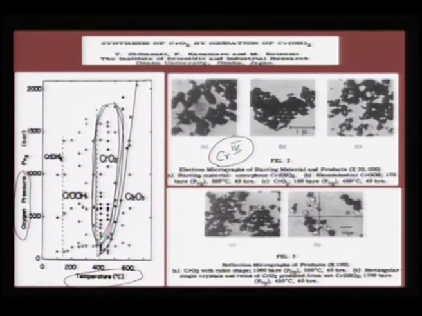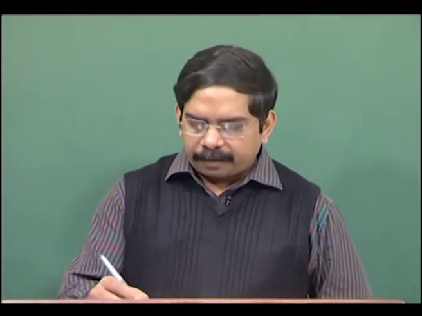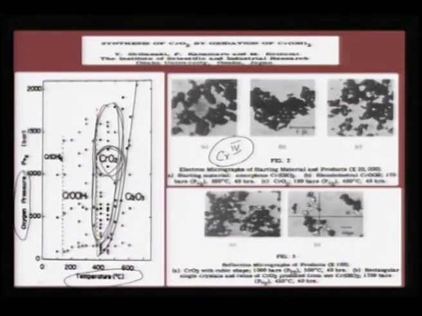In lab scale, people have tried to use sealed tubes to prepare chromium dioxide, but with great difficulty. So preparing chromium dioxide, which is a ferromagnetic metal oxide, is a big challenge, and hydrothermal reaction is one way that we can do it.